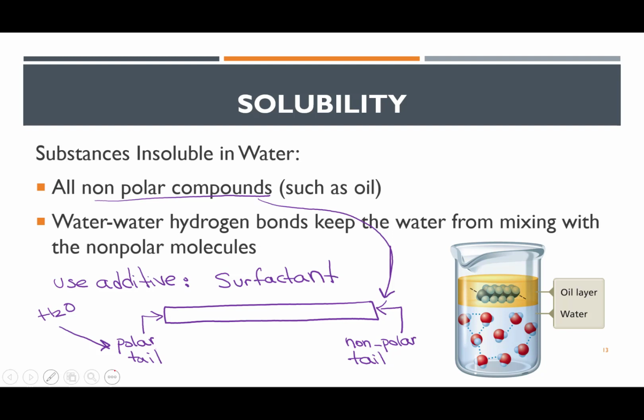Those compounds that are non-polar will be dissolved in the non-polar tail of the surfactant, and those like water that are polar will be dissolved in the polar tail, and that ends up with a homogeneous solution. On their own you cannot dissolve non-polar compounds in polar solvents. You have to use an additive, and these additives come with a polar and non-polar tail. That way you will be able to dissolve them.